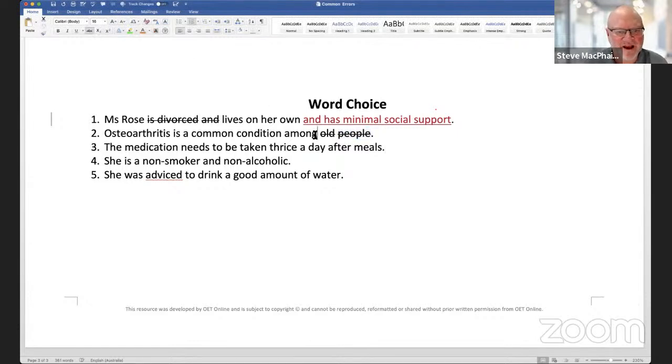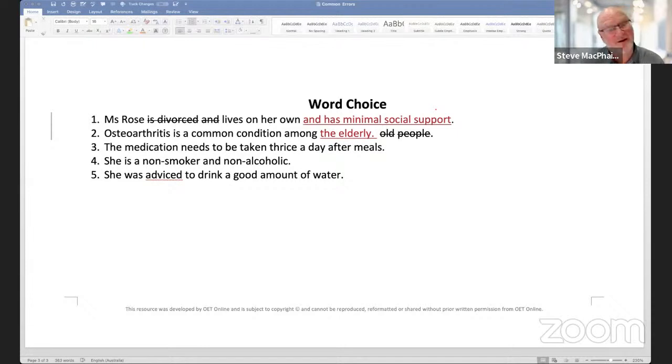And we'll normally say the elderly as a group of people, among the elderly. It's more respectful. Old people sounds a bit informal, lacking a little bit of respect. As health professionals, you're professionals. You have to show respect.